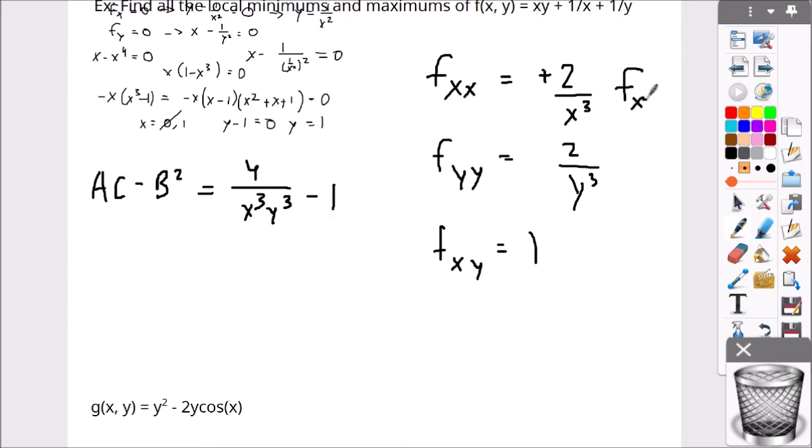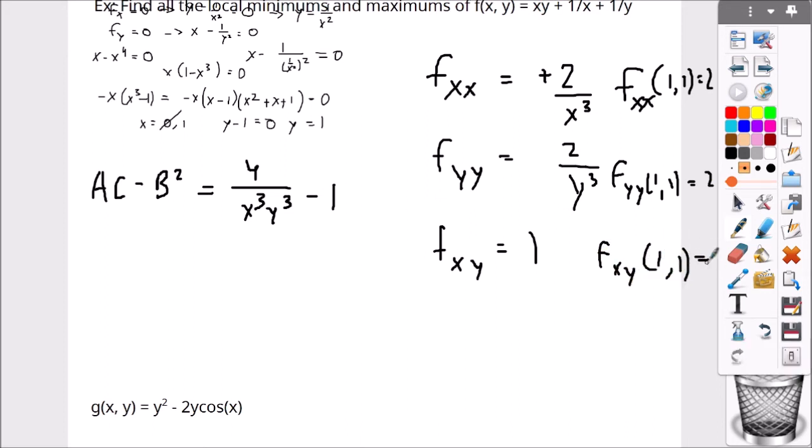So f sub xx at that point, 1, 1, is 2. f sub yy at that point, 1, 1, is 2. And f sub xy at that point, 1, 1, is always 1. So we're going to say D, just capital D. I'm just getting you used to the notation. D of 1, 1 is equal to 3. So that's greater than 0.